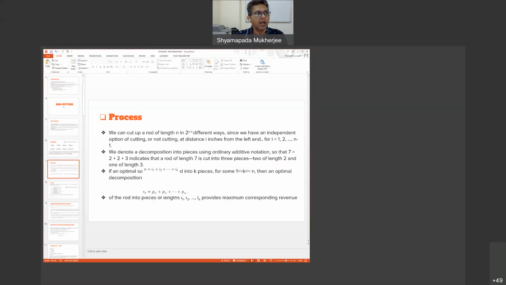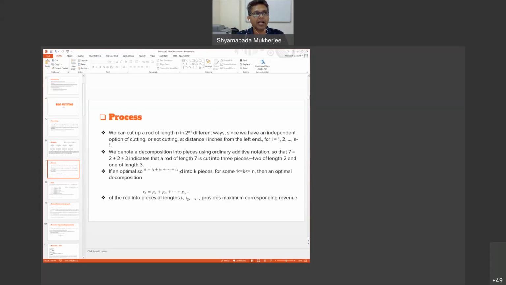If the length of the rod is n, then there would be a total of 2 to the power n minus 1 different ways to cut the rod. Okay, independent options of cutting. And we assume that the distance i is measured from the left end of the rod, so the value of i may be 1 to n minus 1.